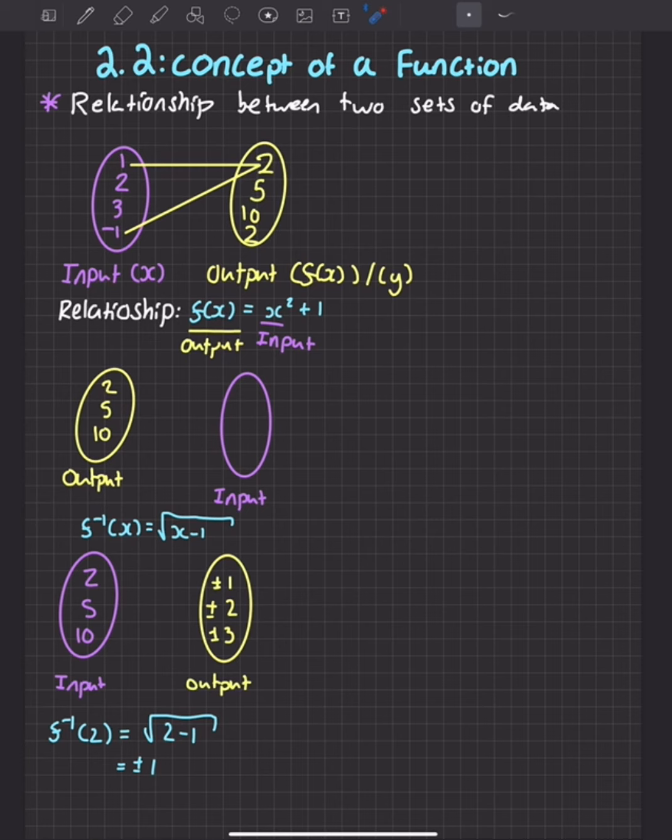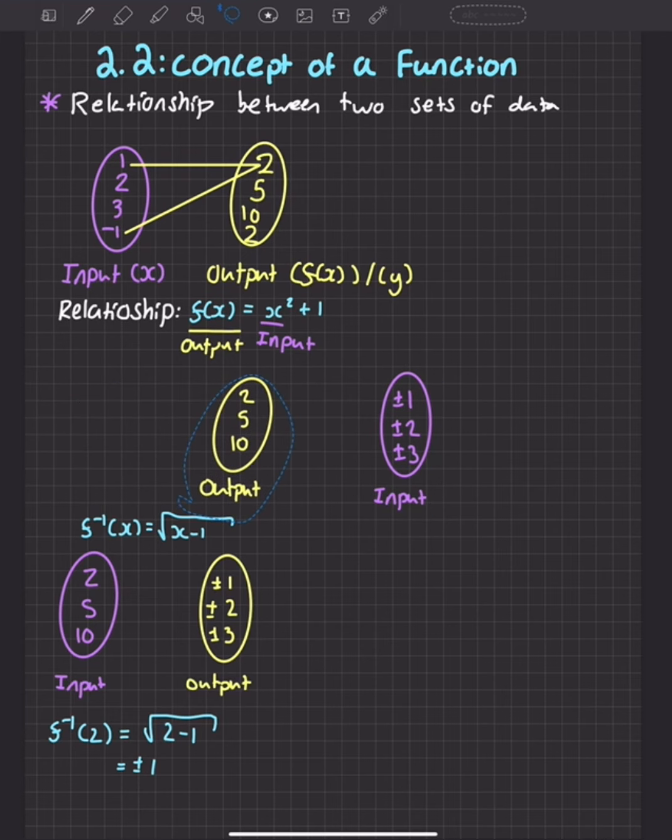Well, if you know that these are the outputs from your original function, then these are the inputs from your original function too, right? So this would be plus or minus 1, plus or minus 2, plus or minus 3, etc. And now, let me quickly switch around the places of these two.